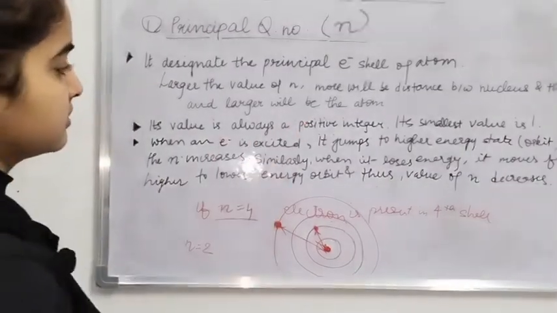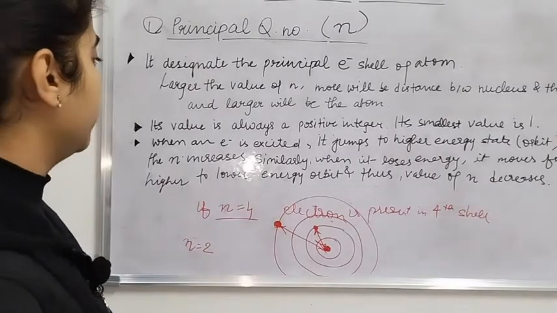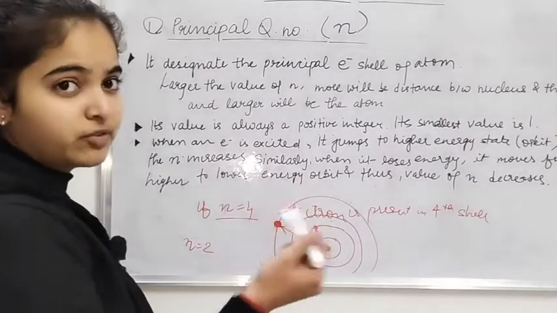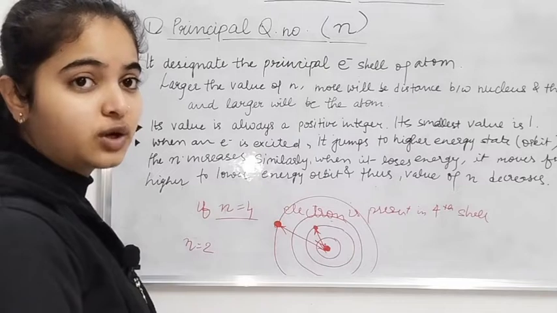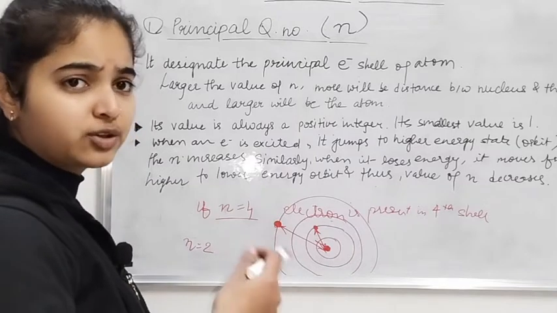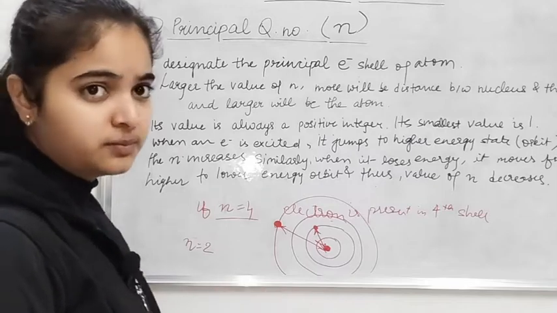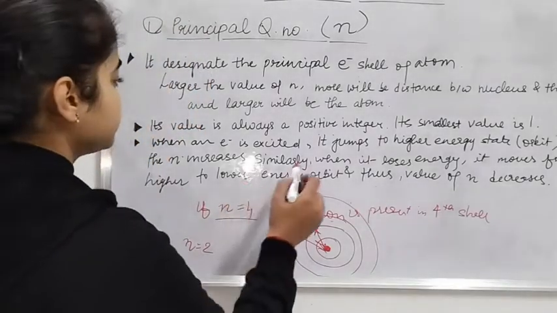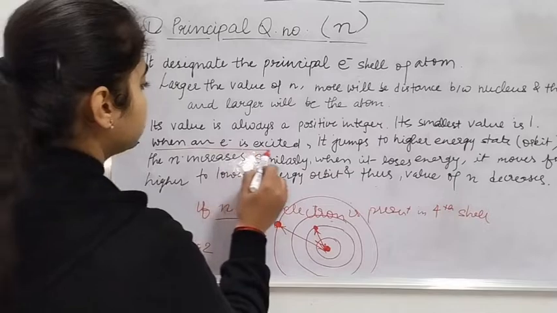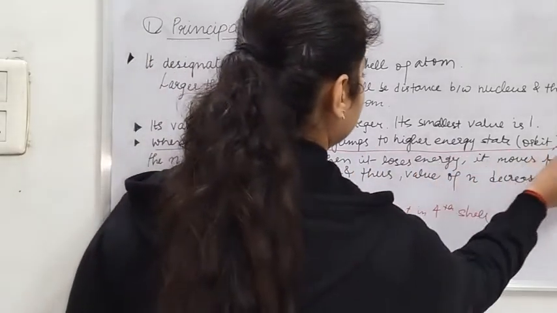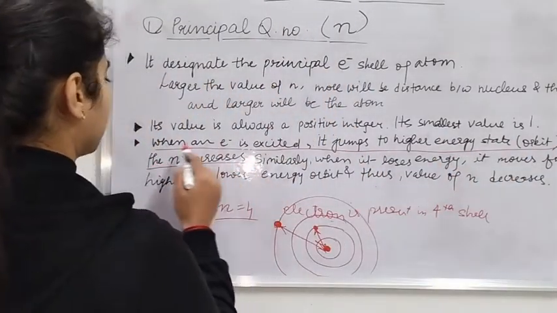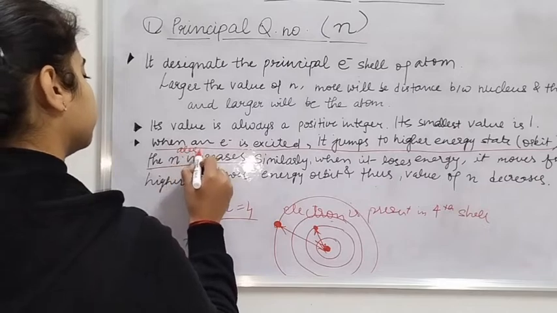And this phenomenon of jumping from lower to higher energy state is called absorption, because the electron is absorbing the energy, thus it jumps from a lower to a higher energy shell. This phenomenon is called absorption.